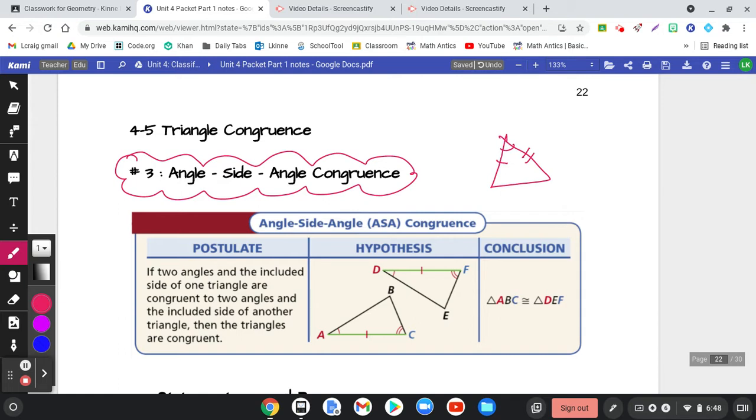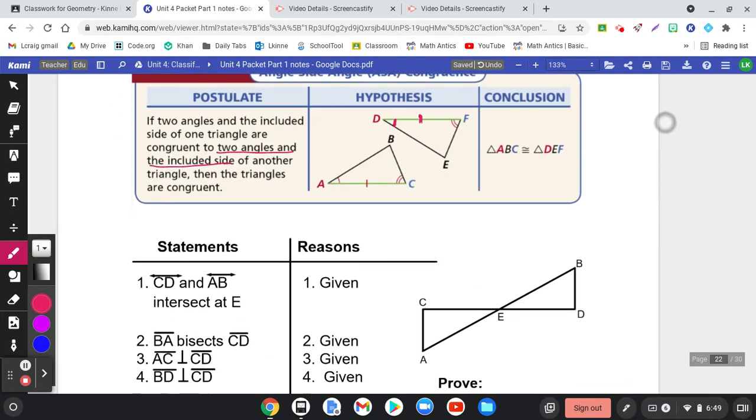So if the two angles and the included side of one triangle are congruent to two angles and the included side of another, so again, it's just the angle, the side, and then the other angle. And you're not skipping any sides or angles there.